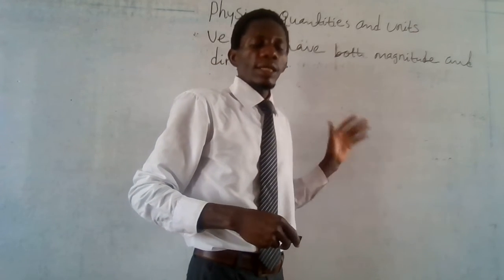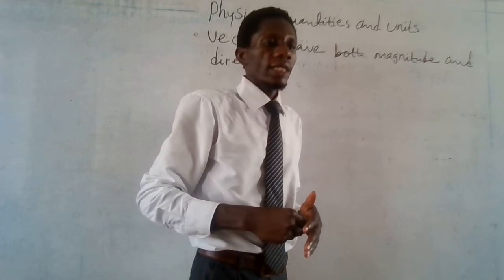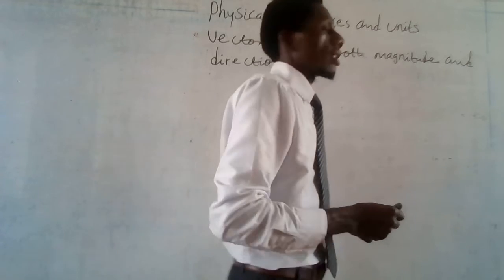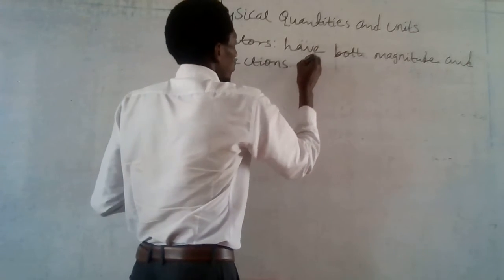Now, the symbols for physical quantities that are vectors are in bold type. Let me write that one down.